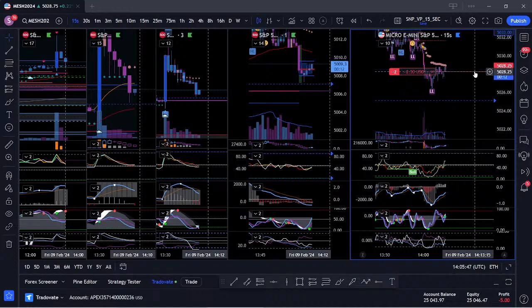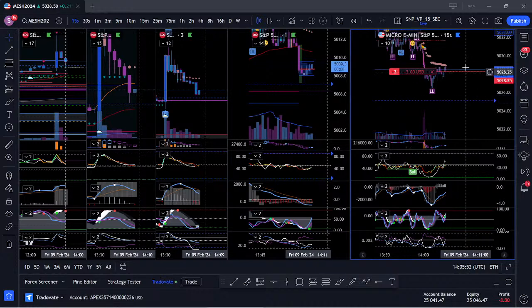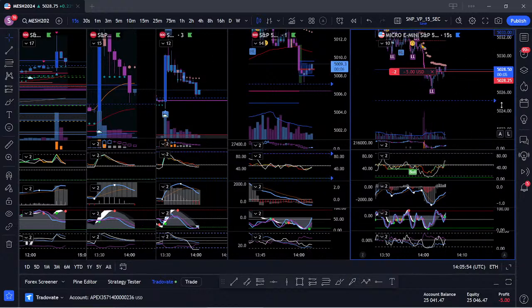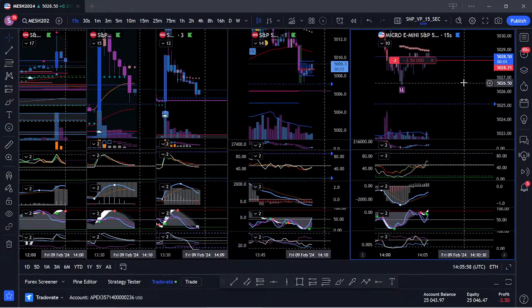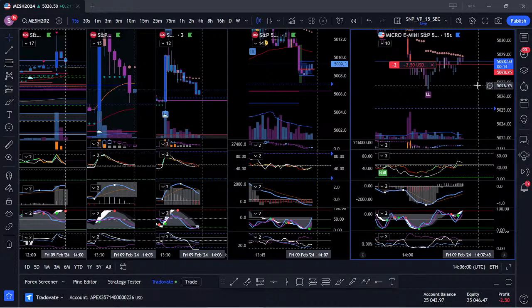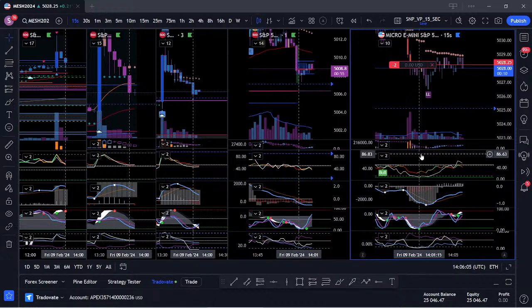How many dollars in there? 28.25, $3 on S&P. It's equal to 12 ticks, which is not bad. Okay.